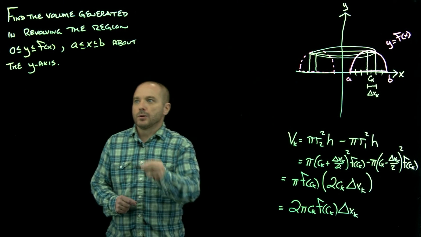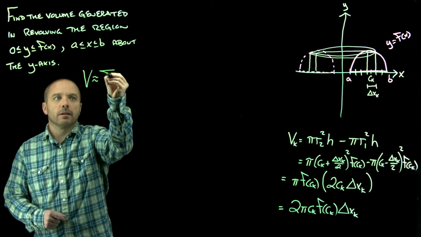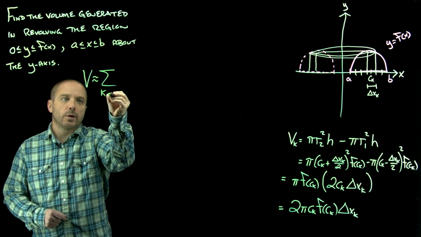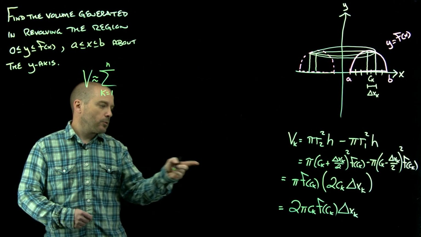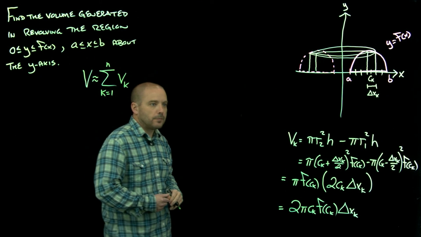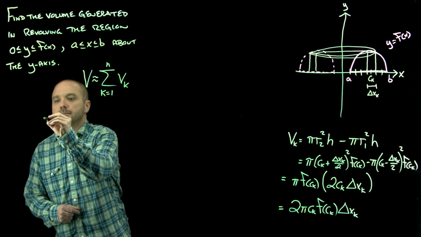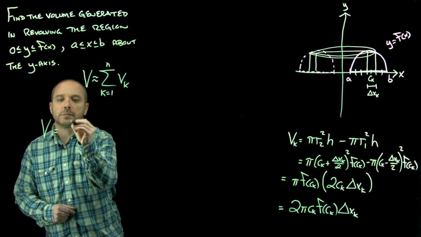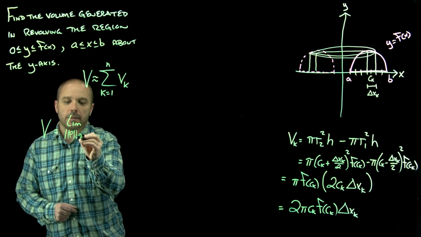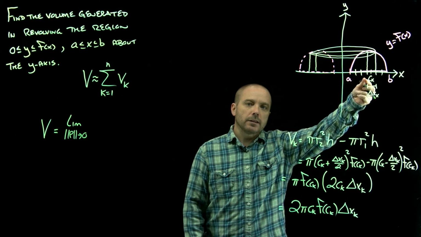So the volume here would be approximately the sum as we add up all those cylindrical shells, v sub k, and then becomes exact as we've always done, right? The idea is then always to, once you've got your partition, then you shrink it down, right?